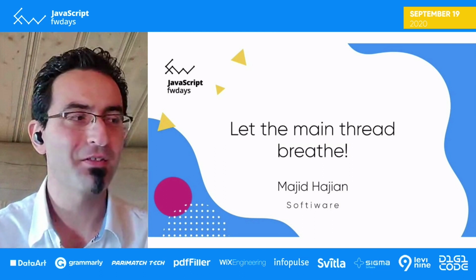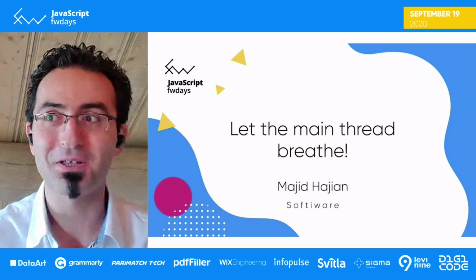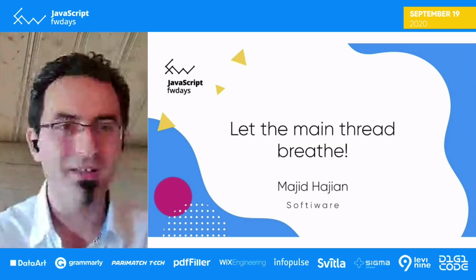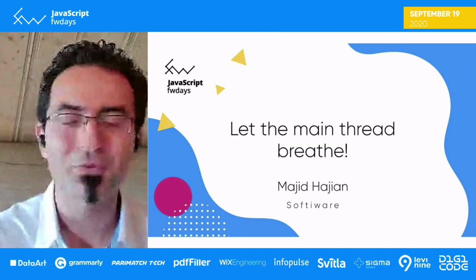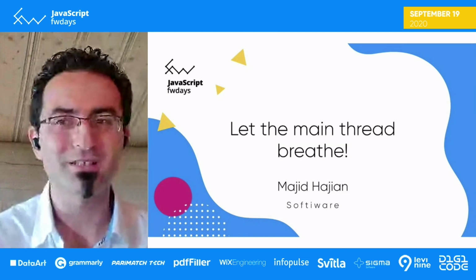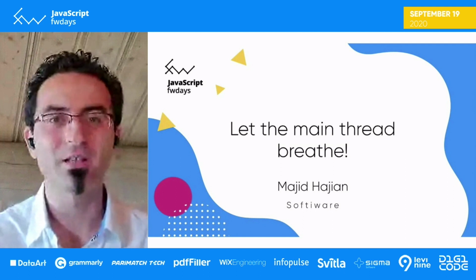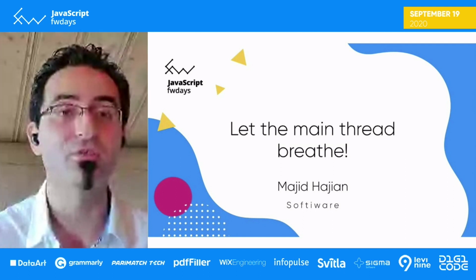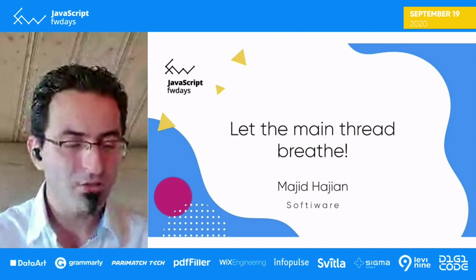And the first, it's going to be a bit of a challenge and practical and theory all together. So we're going to go through some tips and tricks to see how we can improve our app by leveraging different threads in the browsers.